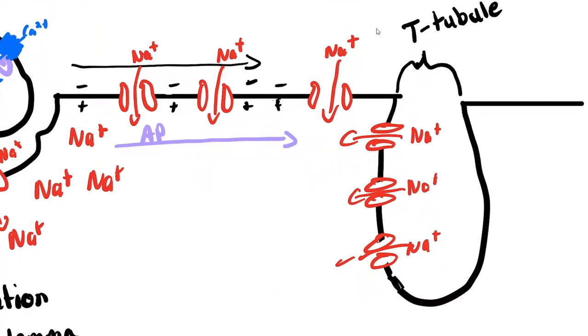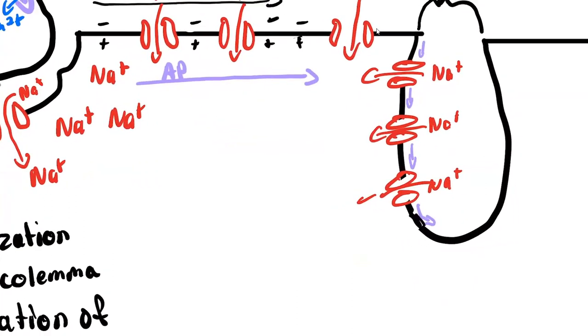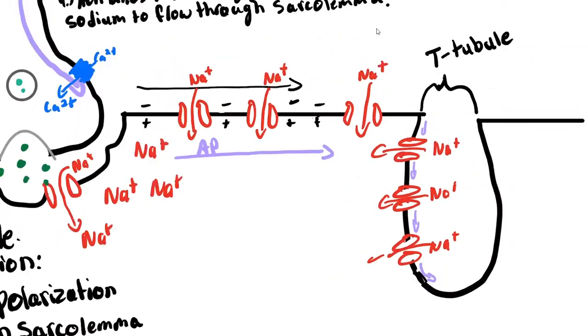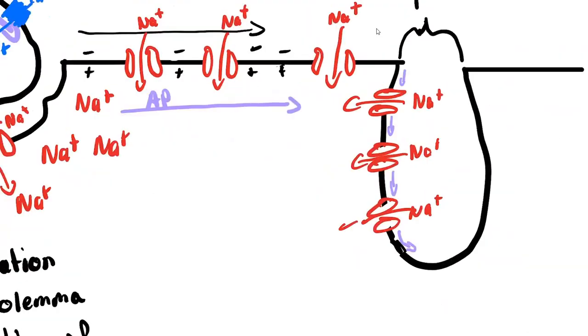When the depolarization, or the action potential, goes down the T tubule, that step is called the excitation contraction coupling.